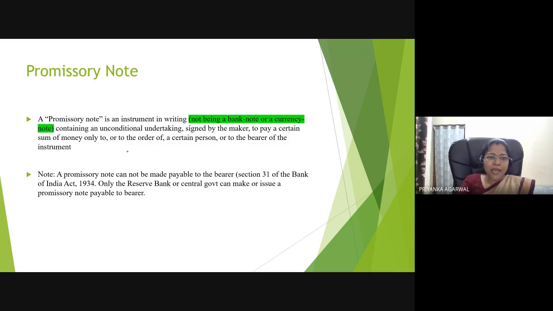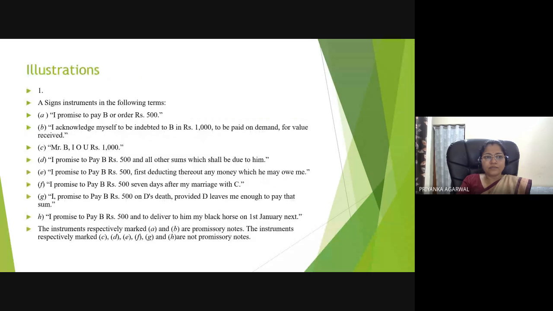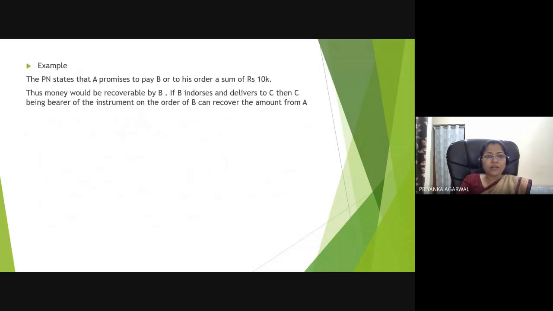In this case, the sum is not payable only to a certain person, but also to a person who is holding that instrument, to whom it was endorsed by that specified person. I hope it is clear. Okay, I think you can read this example. This will further help you.